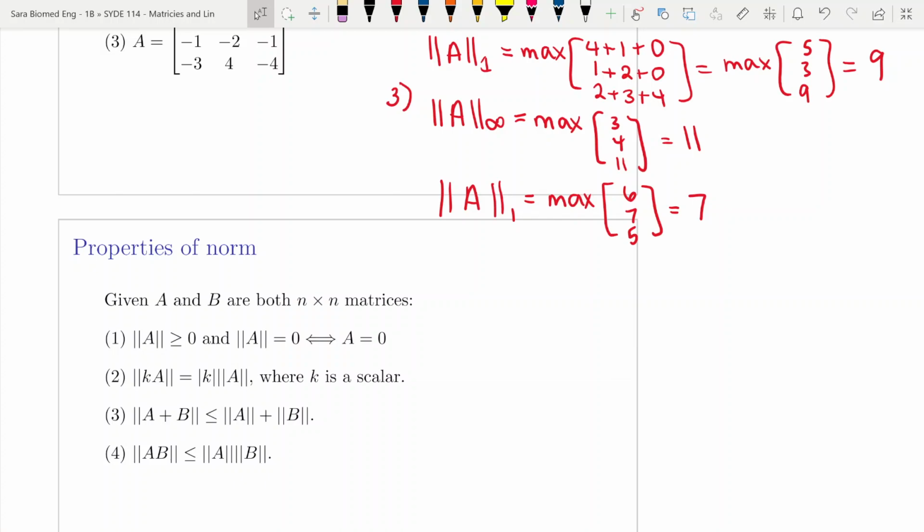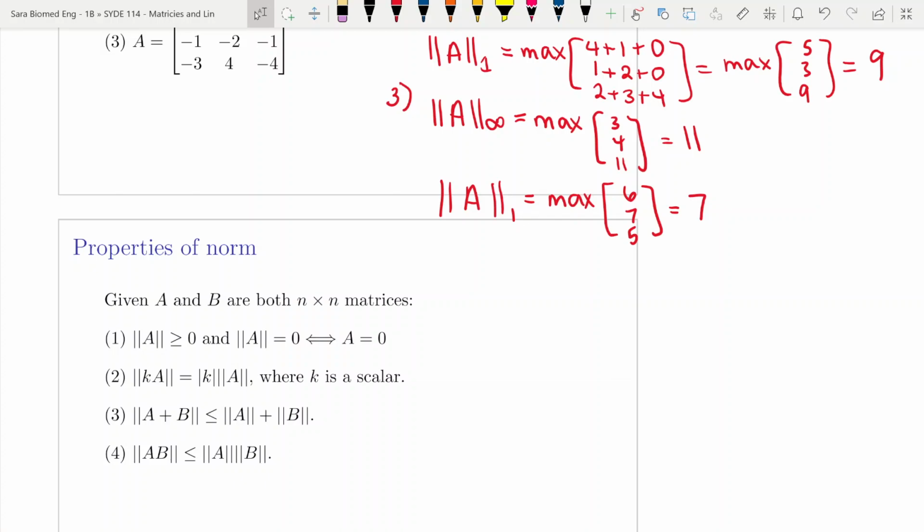Problem 1. Now we have some properties of norm. Given two matrices A and B, they're both n by n matrices. The norm of A is greater or equal to 0, because we're taking the absolute value of each and every entry. If you sum them together, it's going to be greater or equal to 0.